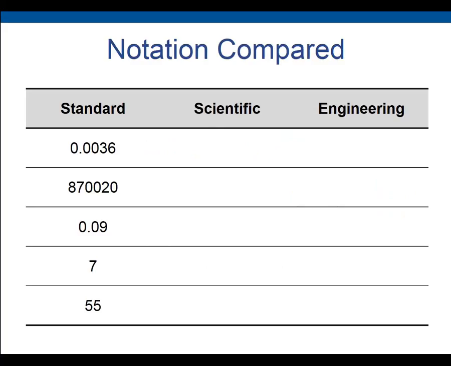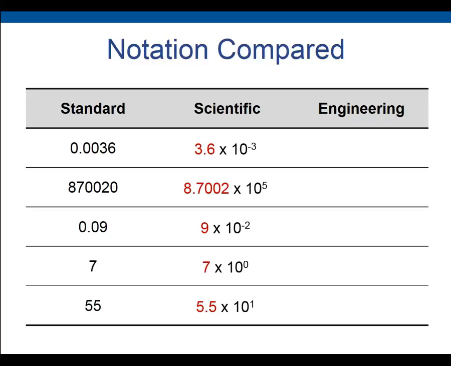Let's finalize understanding the differences between scientific and engineering notation. Here are numbers in standard notation. In scientific notation, as you can see, the format is m times 10 to the nth power.